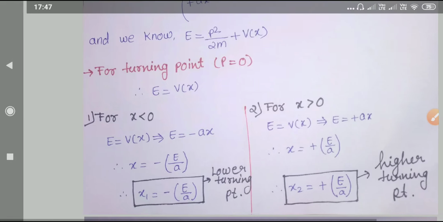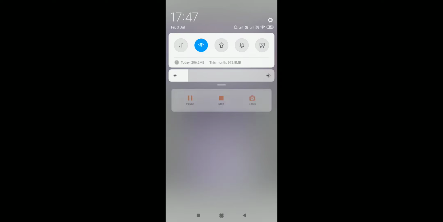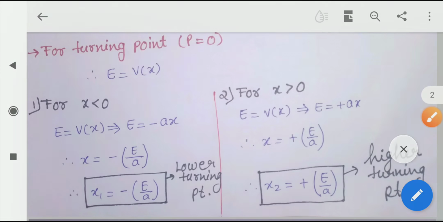Let me open this once again and we'll start solving. Here we will get E equals minus AX.